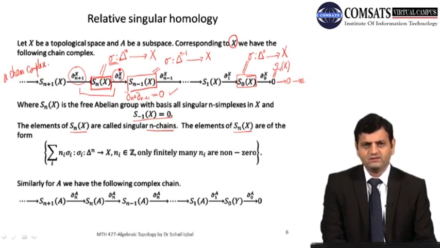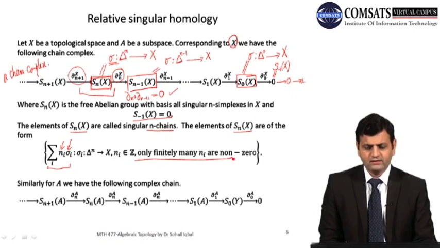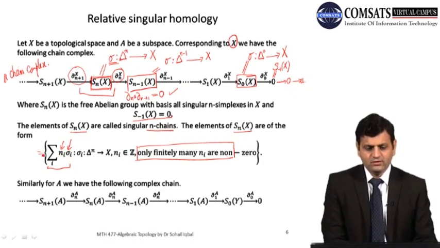So this sigma is basically a singular n chain, and there are many, sometimes uncountably many. But the elements of Sn of X are basically this combination, where the ni are integers and the sigma i's are singular n chains, such that only finitely many ni are non-zero. So we can't take this sum to be infinite. That's how we define Sn of X.